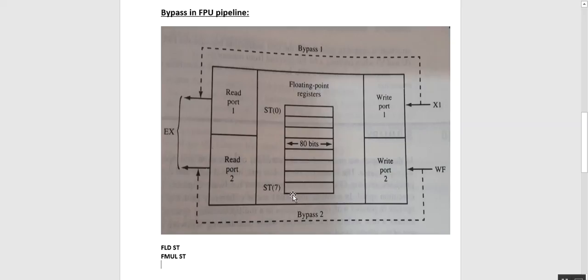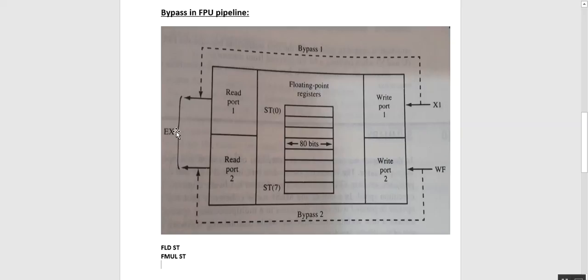The read and write sections are dual ported, to allow a read and a write to take place simultaneously, as indicated in this figure. The two read ports send the data into the EX stage. The two write ports receive the data from the X1 and WF stages of the pipeline. Both bypasses are shown to illustrate how results are fed back from the X1 and WF stages to the EX stage.